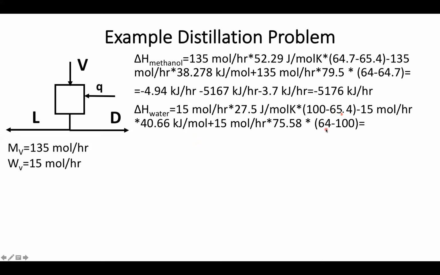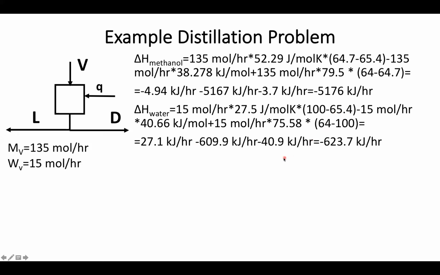Watch out, because each of these component numbers isn't going to represent how much energy is actually involved in the system so much, but the overall number does represent the cooling of the water, with an overall energy output from condensing the water of about 0.6 megajoules per hour. So a decent bit, but significantly lower than the methanol.